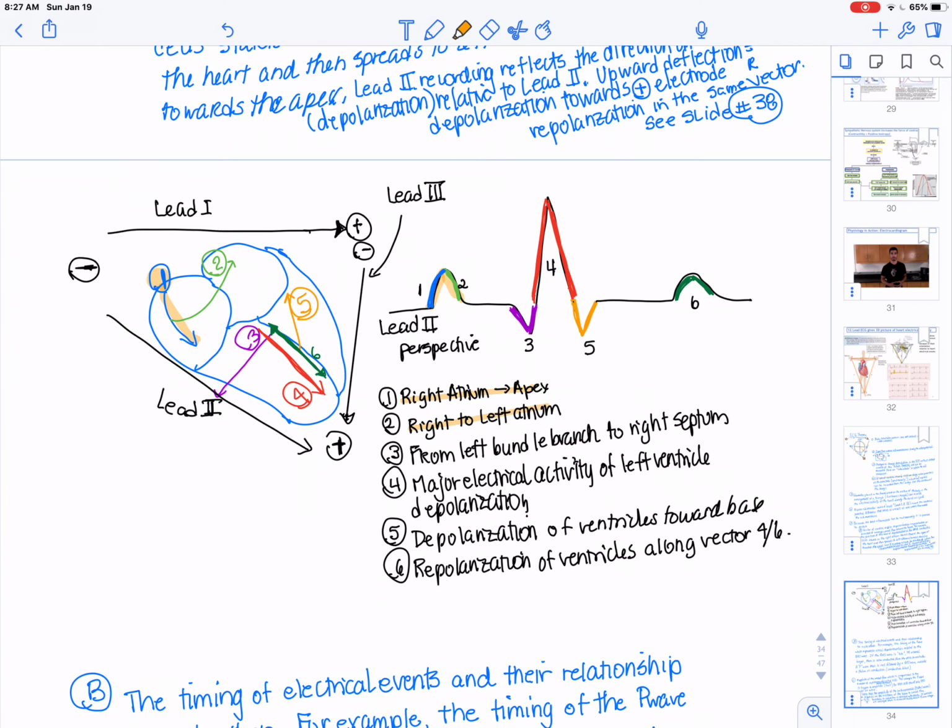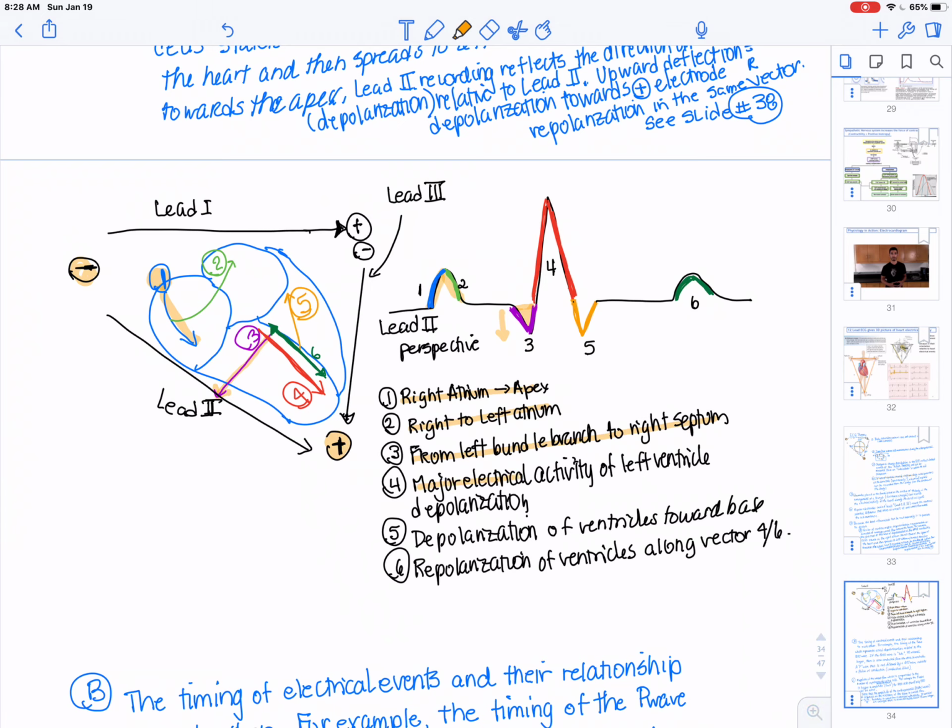And then number 3 is from the left bundle branch to the right septum. So it's traveling in a direction that makes the ECG trace from lead 2 look like it's going in the downward direction, okay? It's not traveling directly towards that positive electrode.